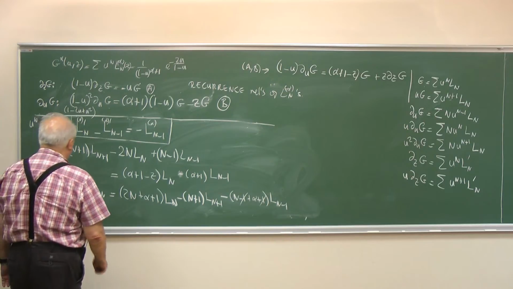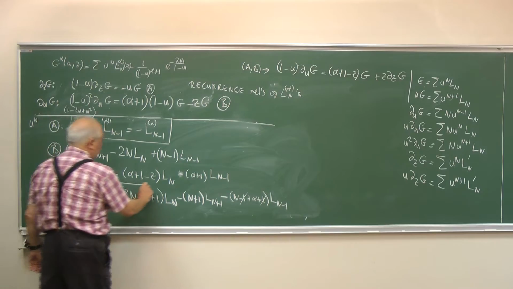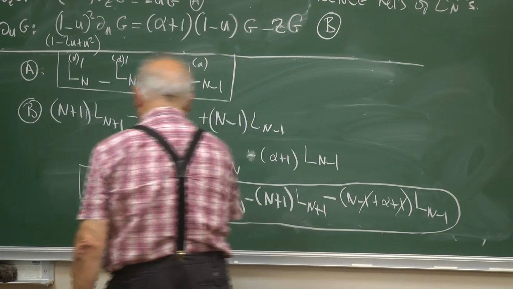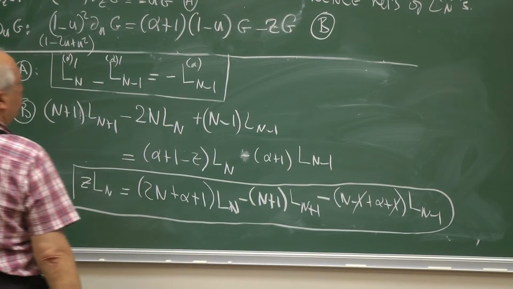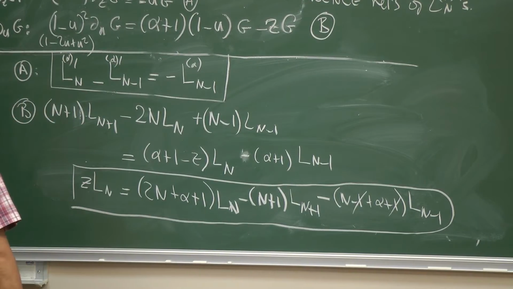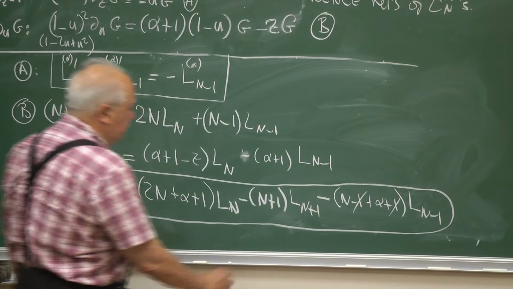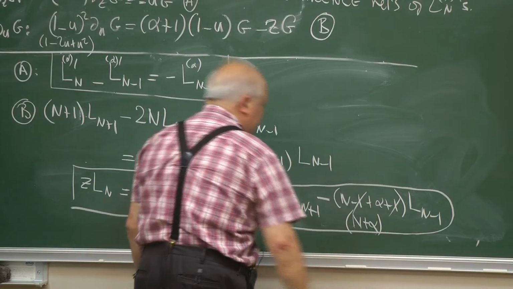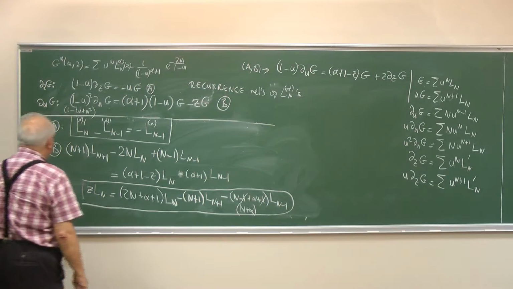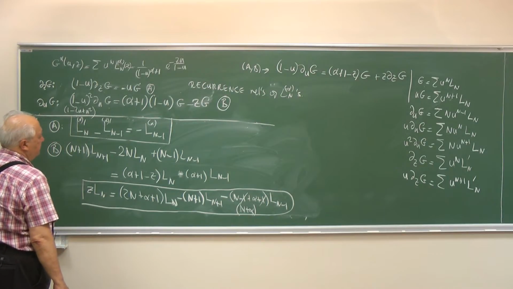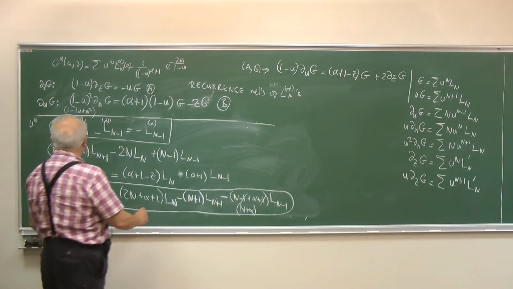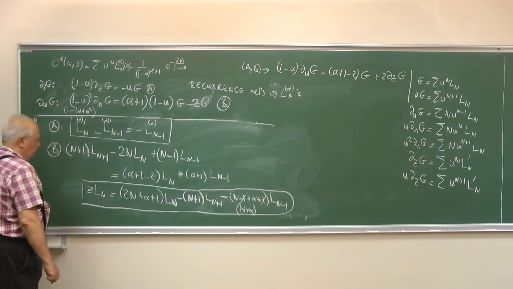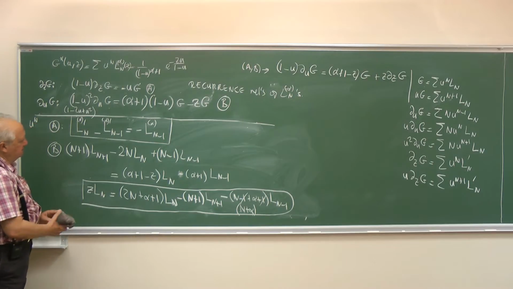That's it. This is just n plus alpha. Let me write it here again. This was the calculation. Let me just copy the result.